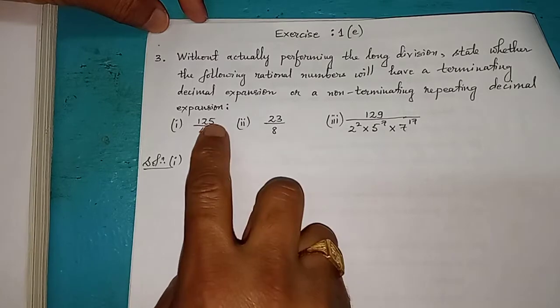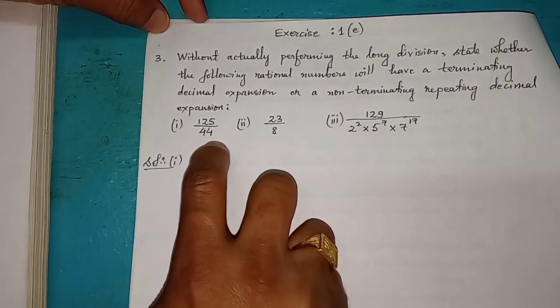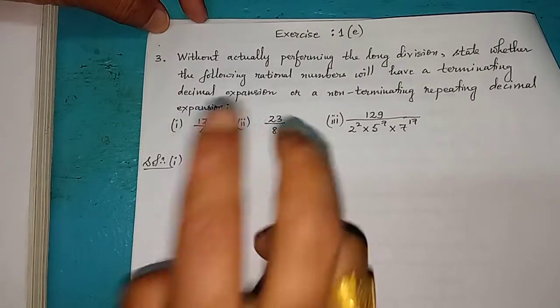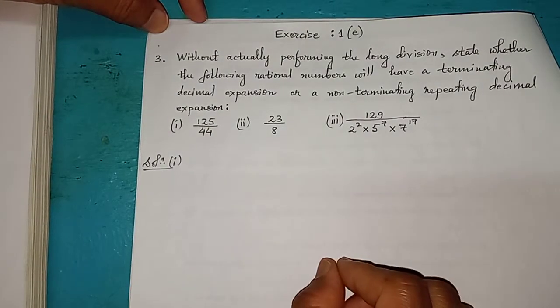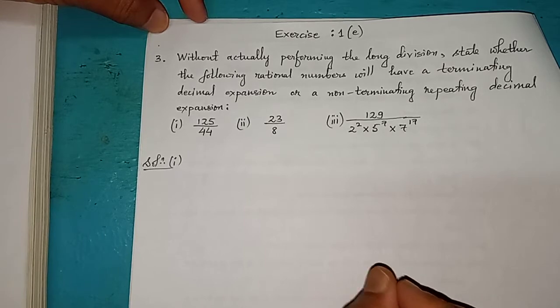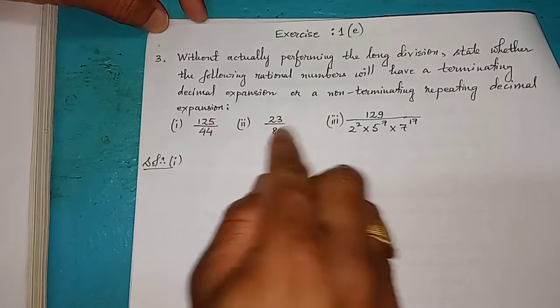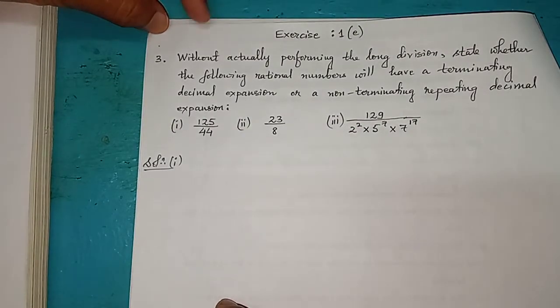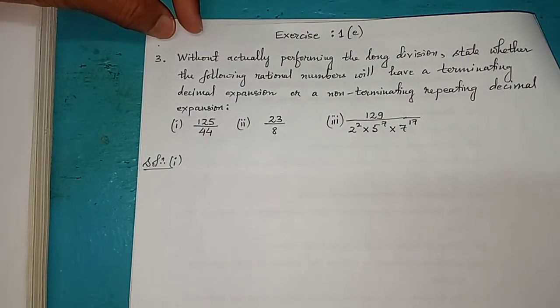If you want to find out whether a given rational number has a terminating or non-terminating repeating decimal without dividing, or without using a calculator, the first step is to check whether the given number is in simplest form or lowest form. If something can cancel, as in question number 2, we cancel it and then the solution was done.